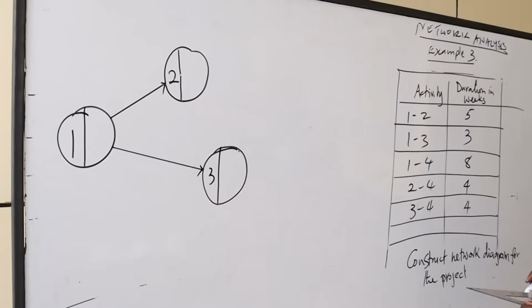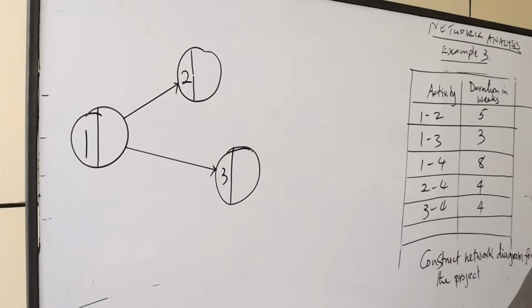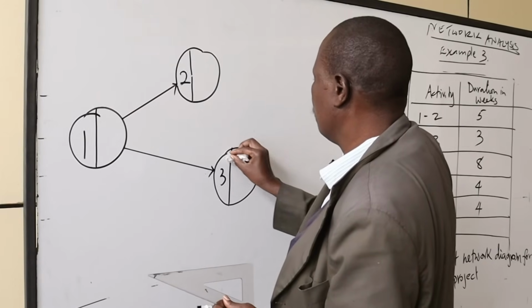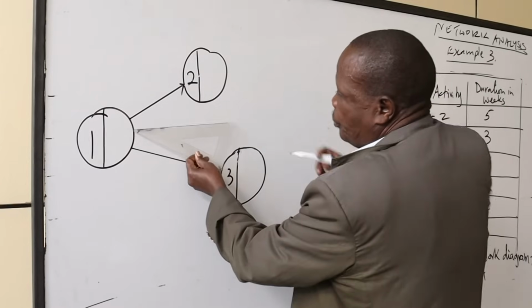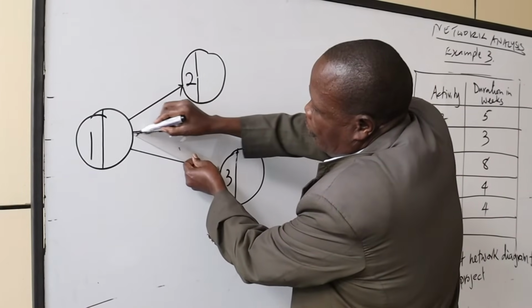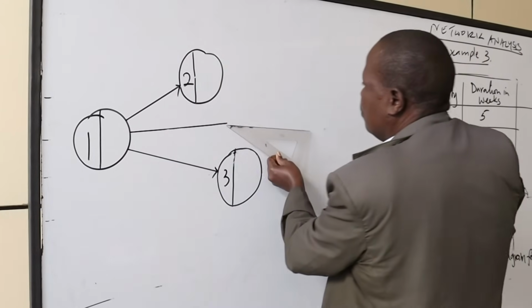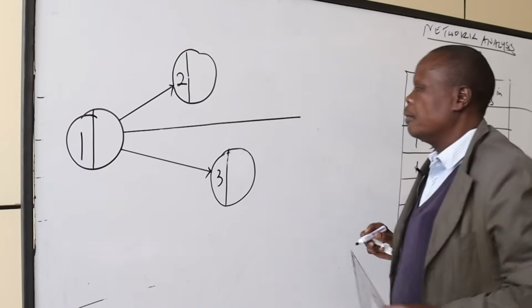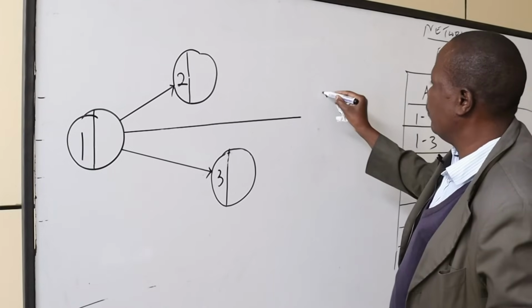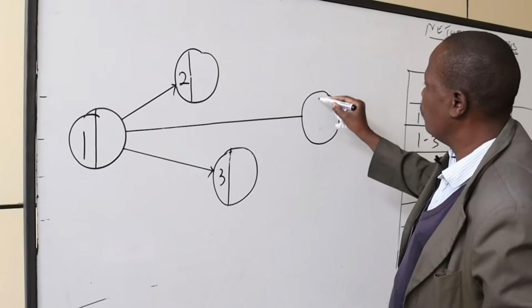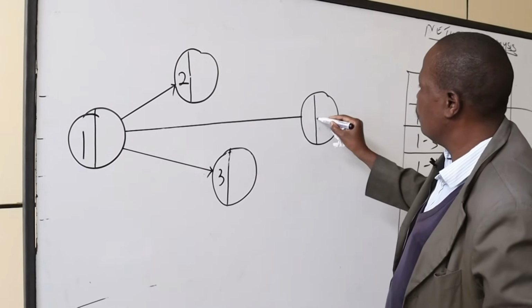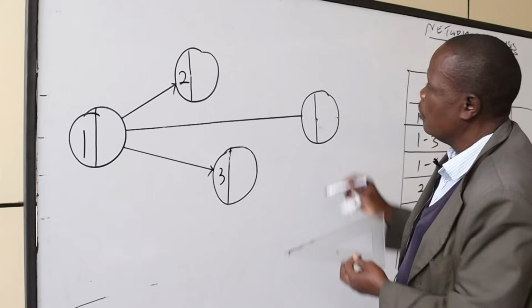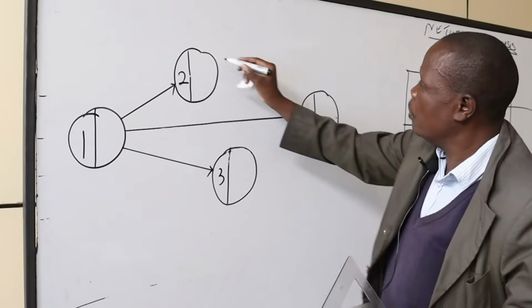Then 1 to 4. So this is the node for 1 to 4.